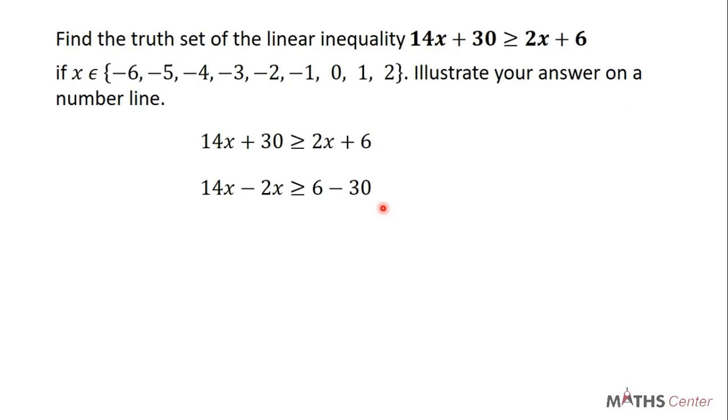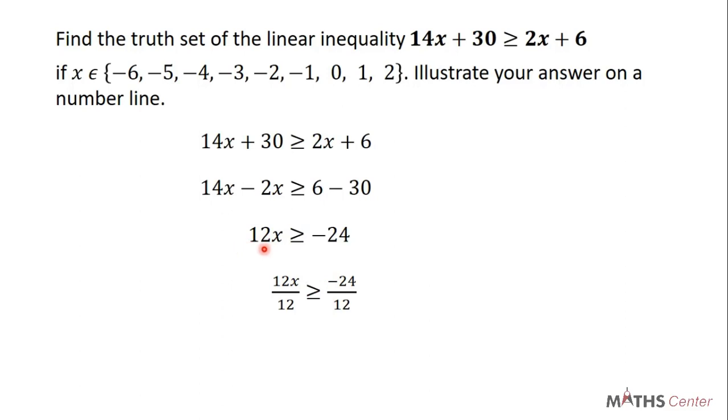We've done a lot of these examples, so you should be conversant with grouping like terms by now. 14x minus 2x will give us 12x, greater than or equal to 6 minus 30, which gives us minus 24. When we get to this level, we divide through by the number attached to the variable. Here that number is 12, so we divide both sides by 12.